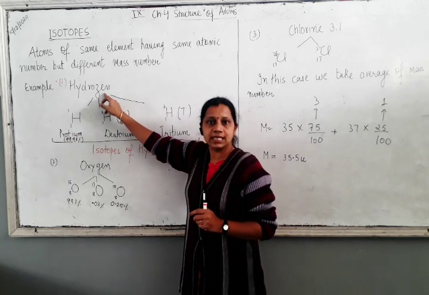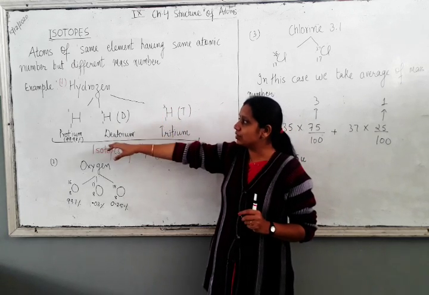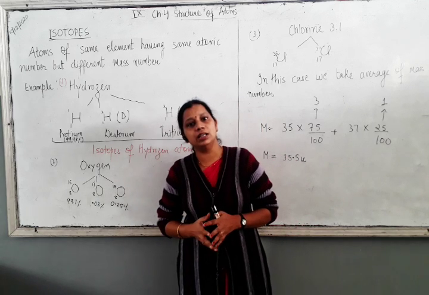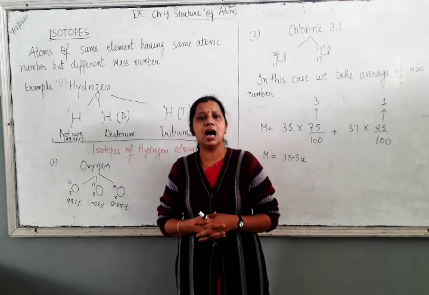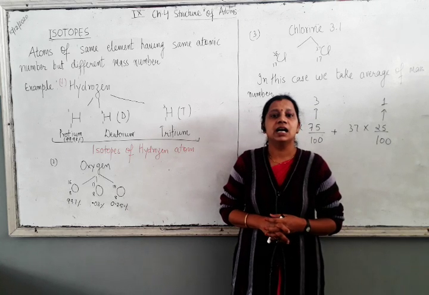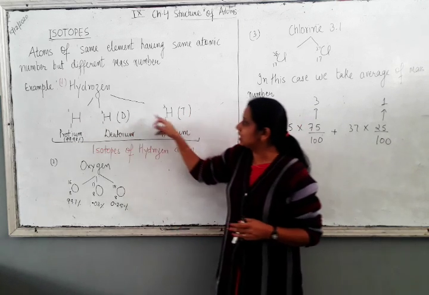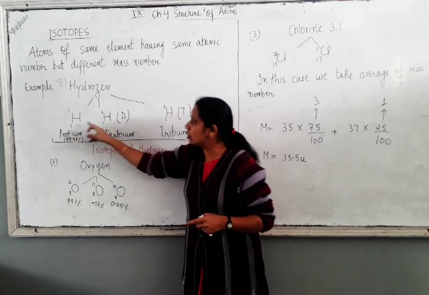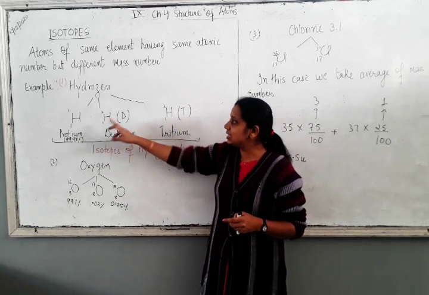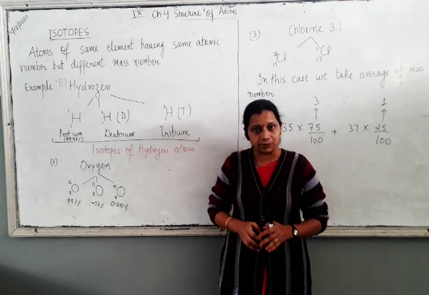Symbol of hydrogen is H. But it is possible that the same hydrogen has different mass number, because as I told you earlier, most of the properties are defined by number of electrons present in any atom. So here the symbol is same, atomic number is same, but mass numbers are different. So these three are known as isotopes of hydrogen atom.